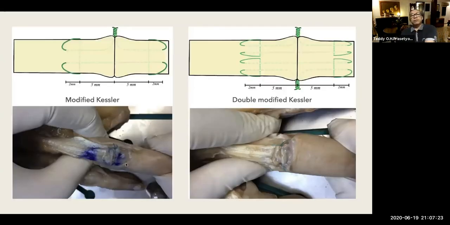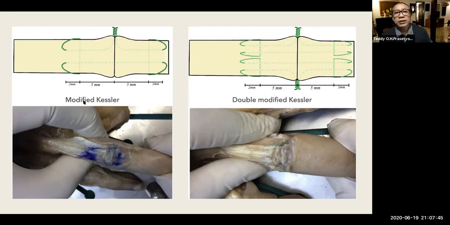All right, so this is with the modified Kessler technique. That one is the double modified Kessler, meaning the core suture is not only 2 but 4: 1, 2, 3, 4, right? This is the simple one that we commonly use with only 2 core sutures.